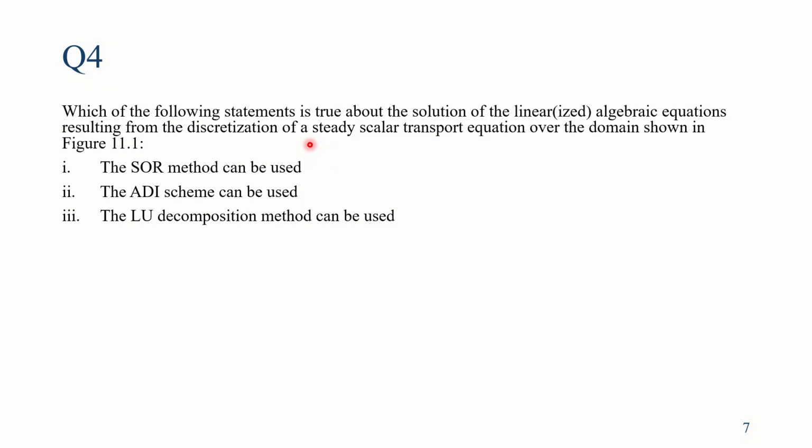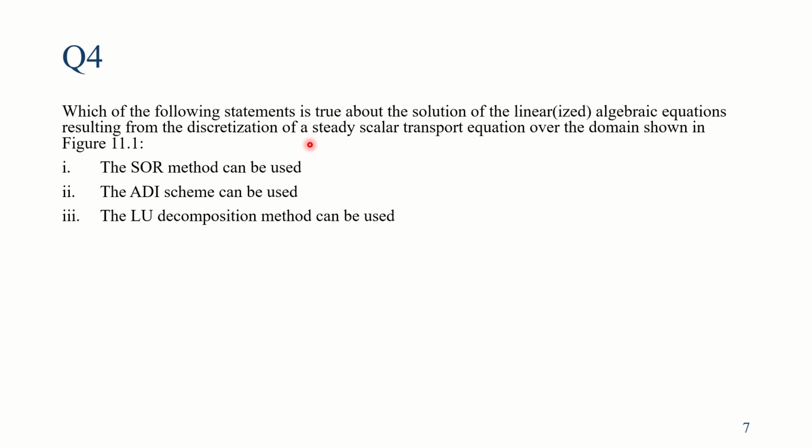In the ADI scheme, there is a restriction that it can be imposed only when we are dealing with a certain matrix structure, like a tridiagonal matrix structure. Only when those criteria are satisfied can we use the ADI scheme. The third one is the LU decomposition method. Again, LU decomposition is a generic method which can be used anywhere.